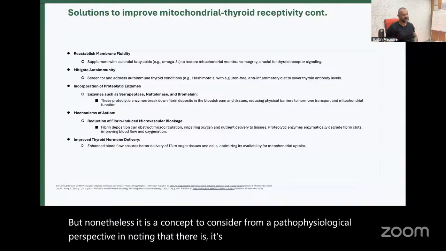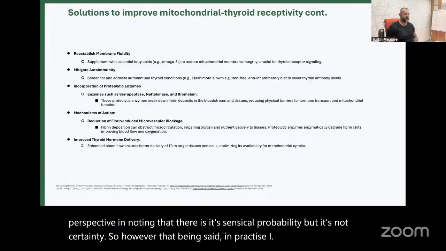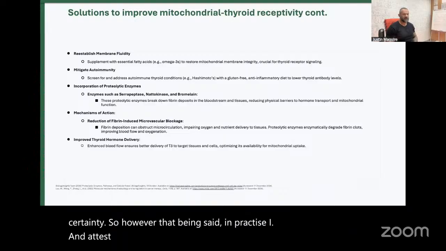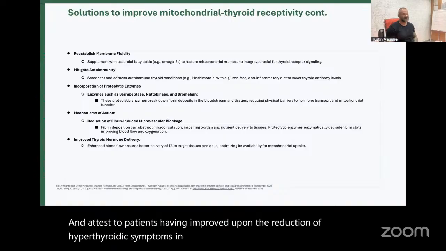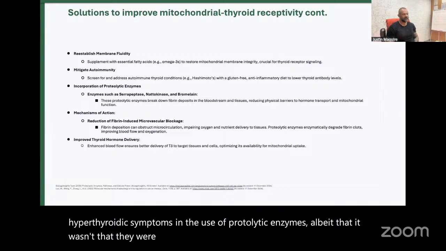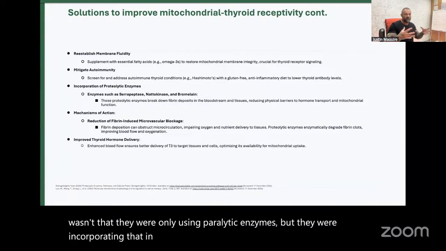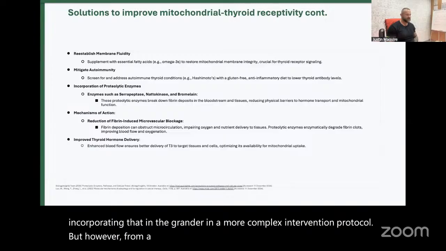That being said, in practice, I can attest to patients having improvement in the reduction of hypothyroid-like symptoms with the use of proteolytic enzymes, albeit that they weren't only using proteolytic enzymes, but incorporating them in a more complex intervention protocol. From a theoretical perspective, it's meant to reduce fibrin-induced microvascular blockage.